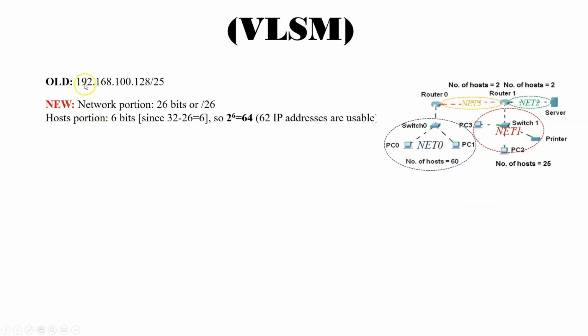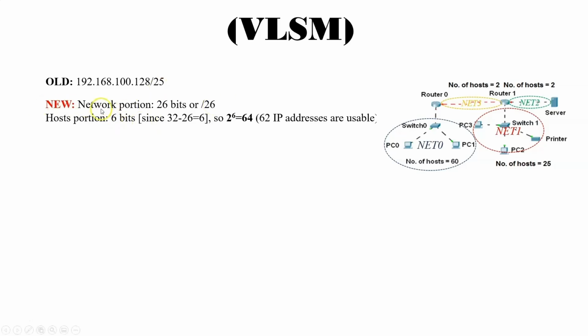This was the primary IP address, or primary subnet, which was given: 192.168.100.128/25. We need to borrow bits from the host portion in order to create the subnet, or reduce the number of possible IP addresses for a given subnet.